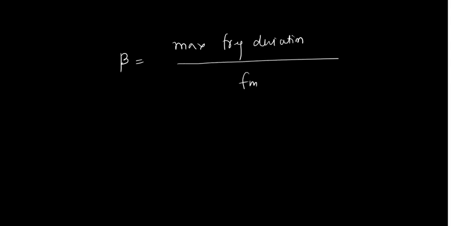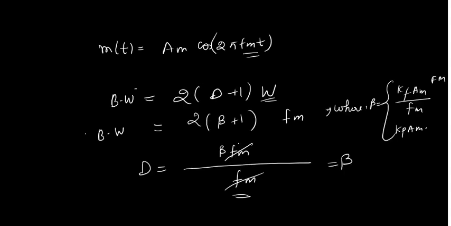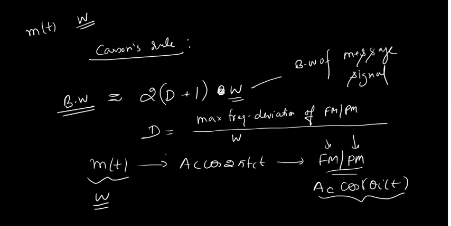Why am I particularly writing fm here? Because beta is only defined for the tone signal. So this is the frequency of your tone. So they are analogous, right? In case of tone message signals, we use beta, and for any other arbitrary message signal, we will use D. Okay?